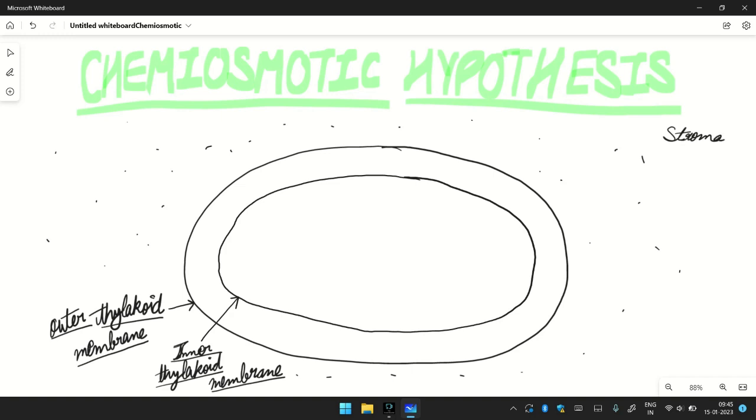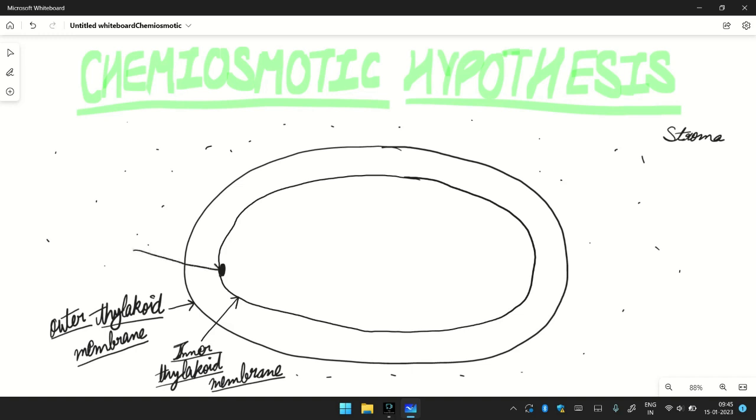And here is present our water splitting complex, and this complex is basically present on the inner side of the inner thylakoid membrane.